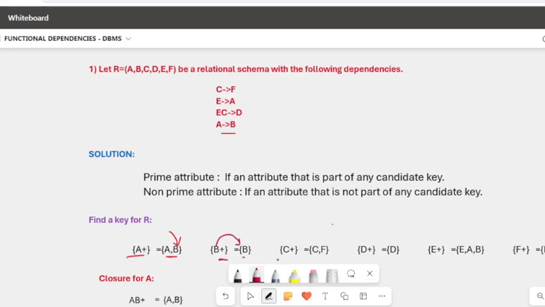Next, the closure of C, so C+. First that particular attribute, C. Then check whether C derives anything: C derives F, so CF.